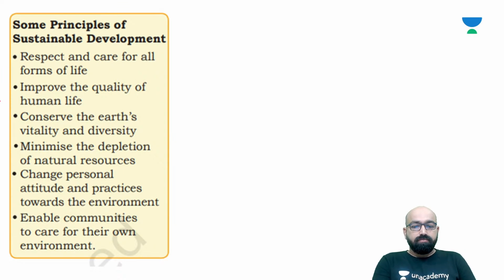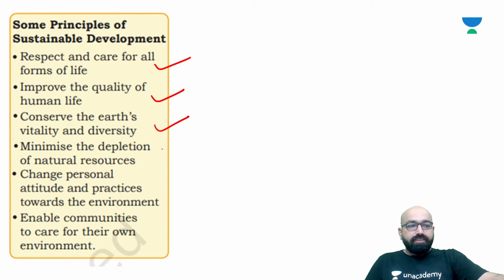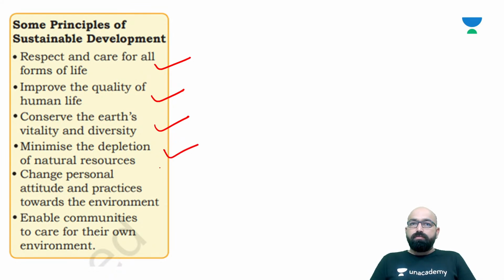That is, respect and care for all forms of life, then improve the quality of human life, conserve the earth's vitality and diversity, then minimize the depletion of natural resources, change personal attitude and practices towards the environment, and enable communities to care for their own environment. So these are some principles of sustainable development.